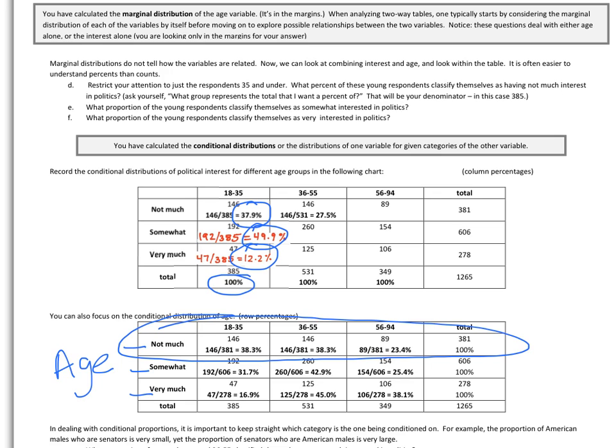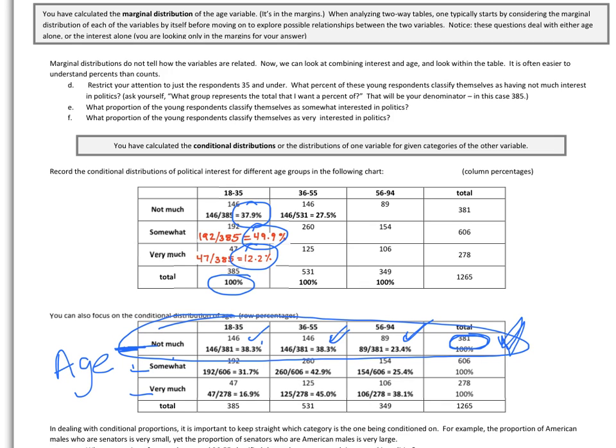So if I want to look at the age groupings, 18 to 35, 36 to 55, and 56 to 94, on not much interested in politics, how many people were not much interested in politics? Hopefully you said 381, and each one of these has a denominator of 381. And again, adding all three of these probabilities up will add to our 100%.